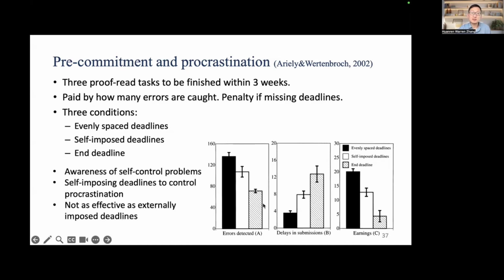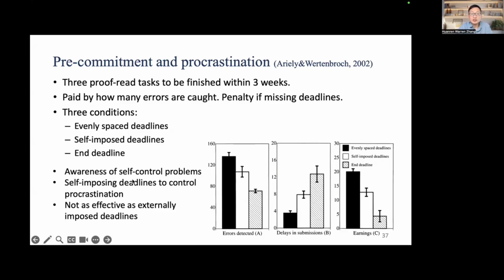So what is this telling us? We observe that people are aware of the self-control problem, and self-imposing deadlines could help with procrastination, although it is not as effective as externally imposed deadlines.